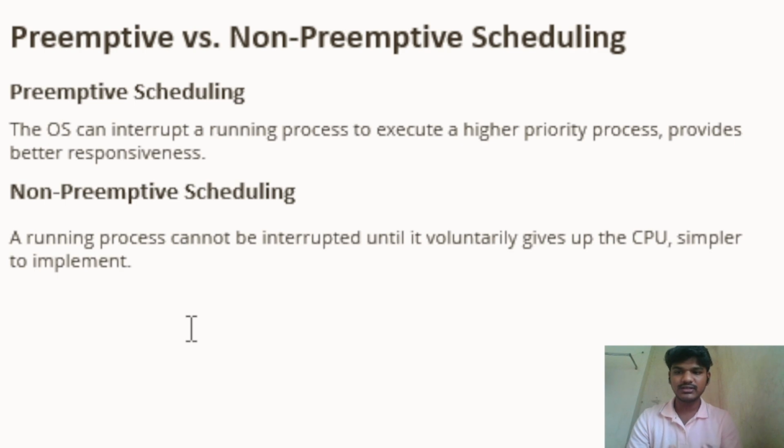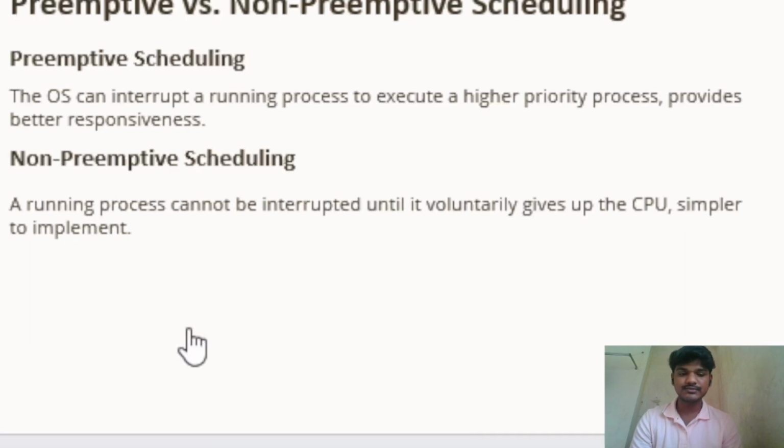For example, at time zero, process P4 is the only process in the system and is allocated the CPU. At time one, process P3 arrives with a higher priority than P4. Since P3 has a higher priority, it preempts P4 and is allocated the CPU.